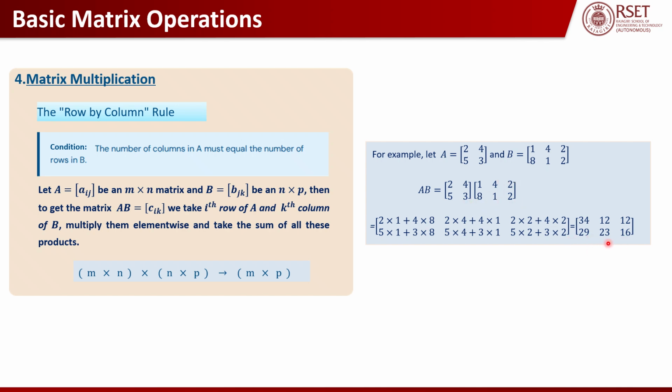So the answer is 29, 23 and 16. This is the resulting matrix. I hope you are clear with matrix multiplication. Just remember this rule, row by column: we take the corresponding row, multiply it with each column and take the sum.